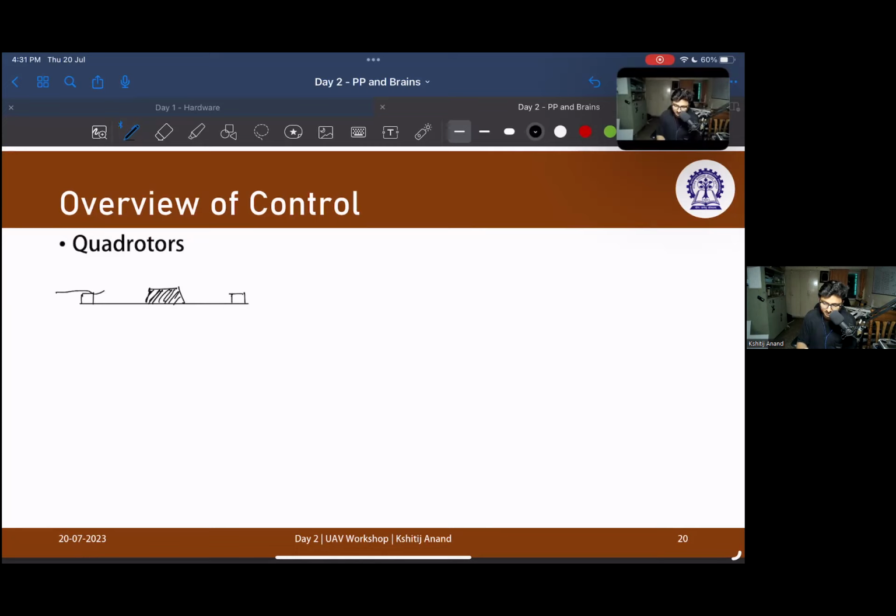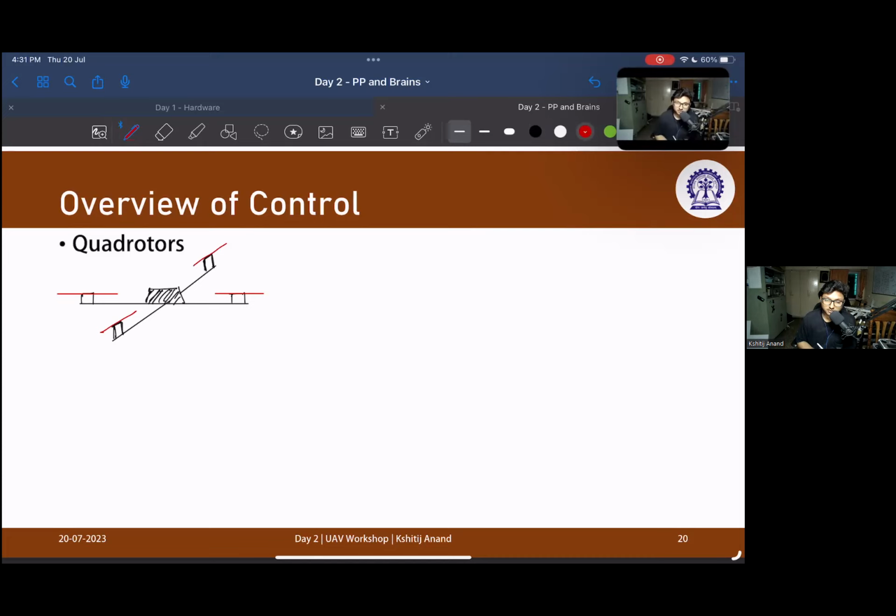And these are going to be the propellers, right? And similarly in this direction we are going to have motors. Pardon me for the very 2D diagram, but let's stick with it. We are going to have motors, right?